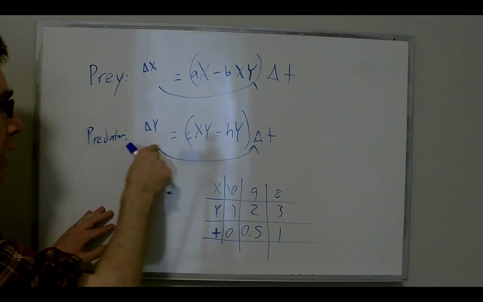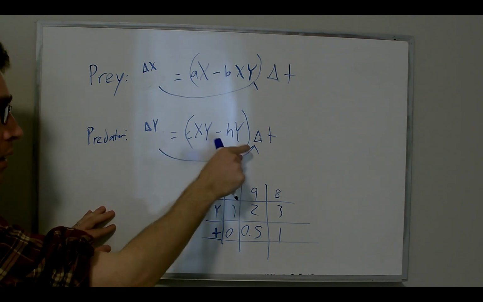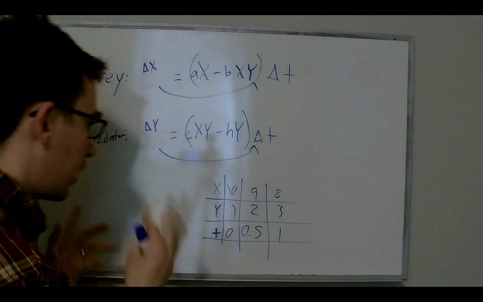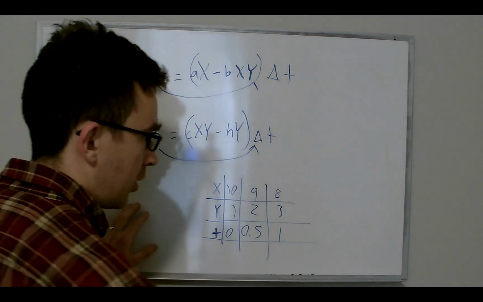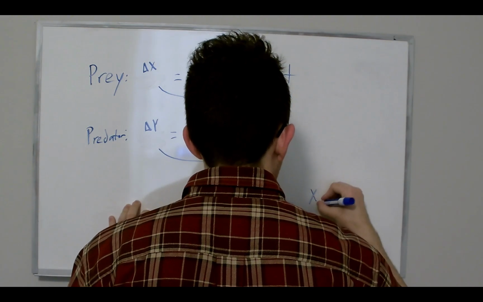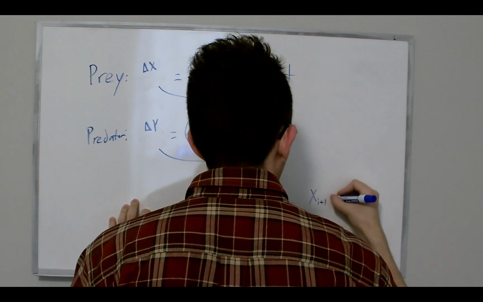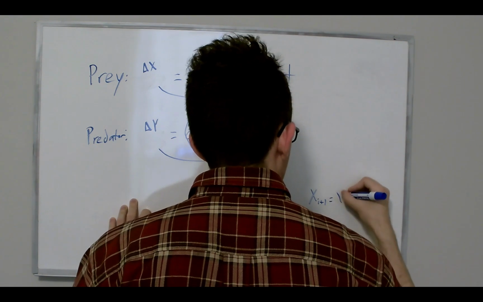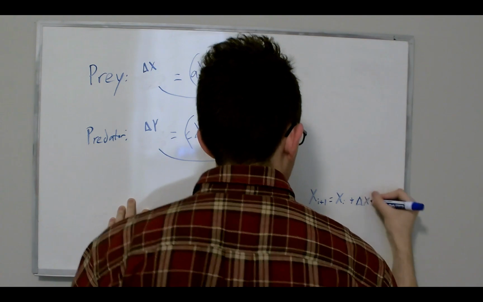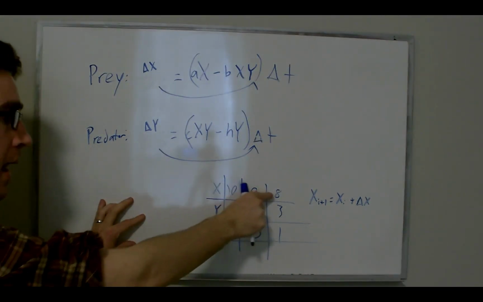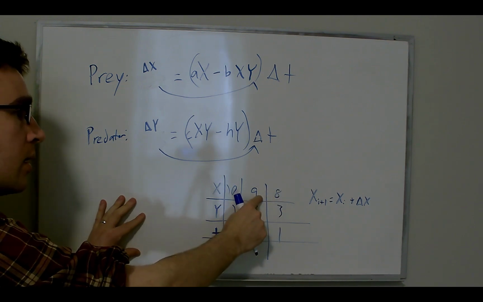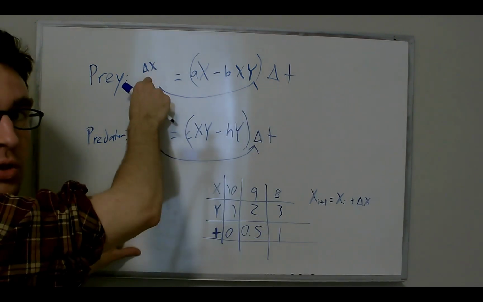Same thing. Delta y equals this term here times delta t. And then the way we're going to fill up this table is the next x, which I'll call x at index i plus 1, equals x at index i plus delta x. So basically x at the next time point equals x at the current time point plus whatever the change in x is.